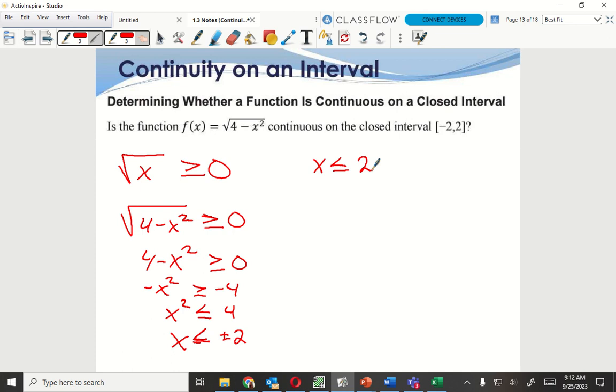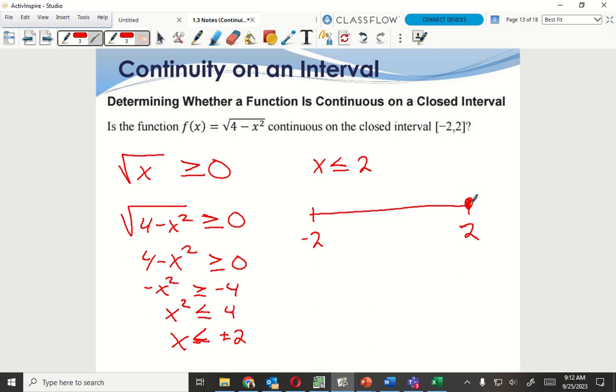I get 0, right? So if I was to look at a number line here, because that's going to be important for my interval from positive 2 to negative 2, and I'm checking for inclusion here. Can it equal 0? Yes, it can. So this is going to be 0, so that means that I would get a closed dot right here at 0.